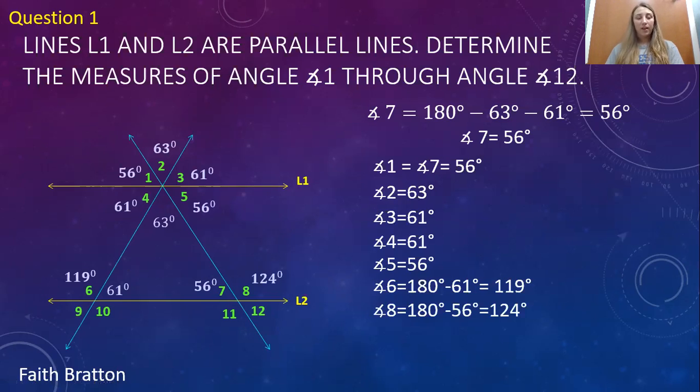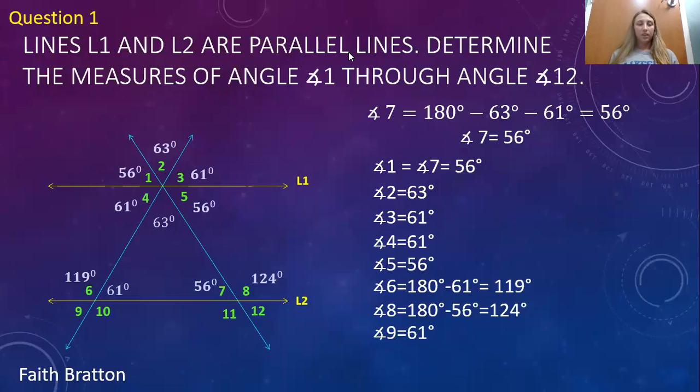Next we find angle 9. The angle opposite angle 9 with a value of 61 is a vertical angle, and since vertical angles are equal, angle 9 equals 61.